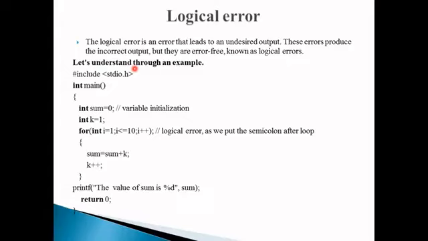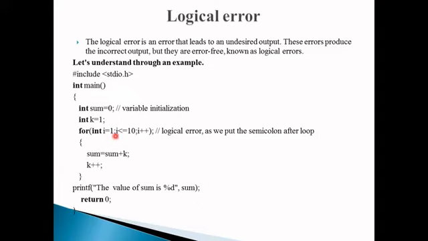Let us see an example. Here we take #include <stdio.h> file and the main function. Here we take variable sum of data type integer. Another variable is k, which stores value 1. Here we take a for loop. In the for loop, int i is equal to 1 means the value of i is initialized with 1.